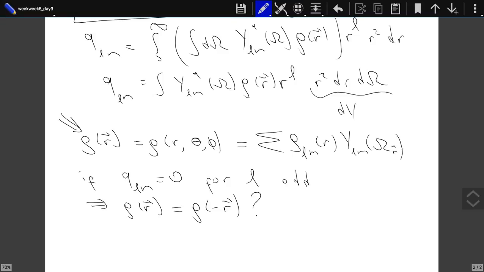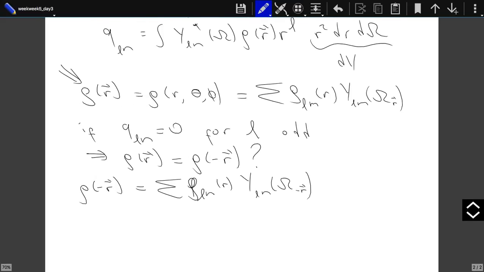Now we said that rho of r, we can always write it in this form. So rho of minus r will be equal to rho_lm of r times Y_lm of omega minus r. Well, the magnitude doesn't change. This is equal to minus 1 to the l, rho_lm of r, Y_lm of omega r.